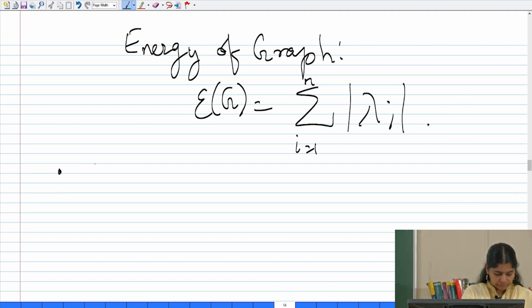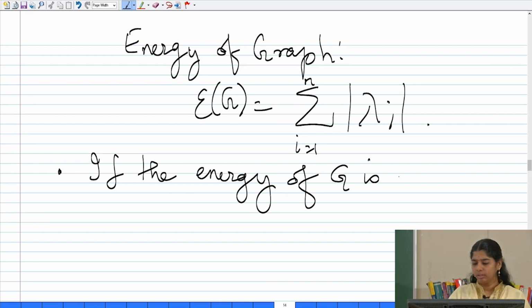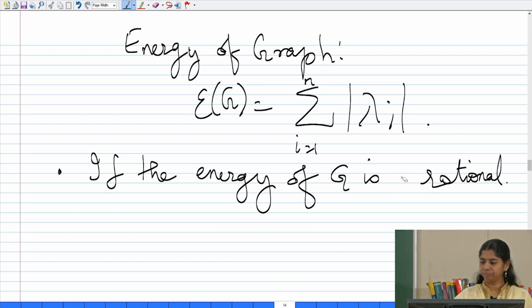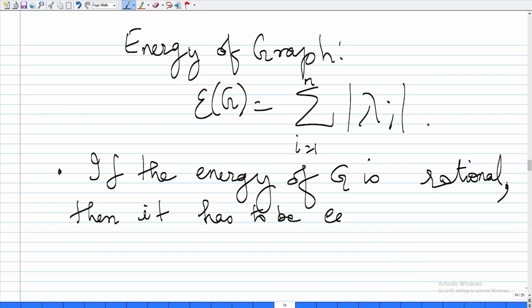So, the theorem states that if the energy is a rational number, then it has to be an even integer.